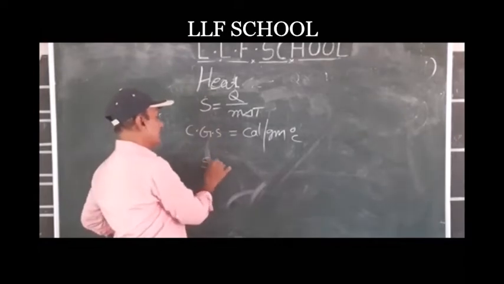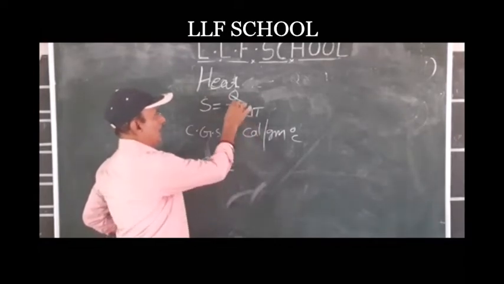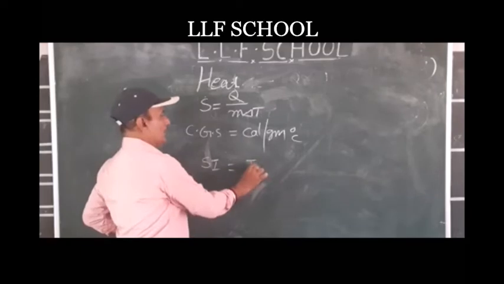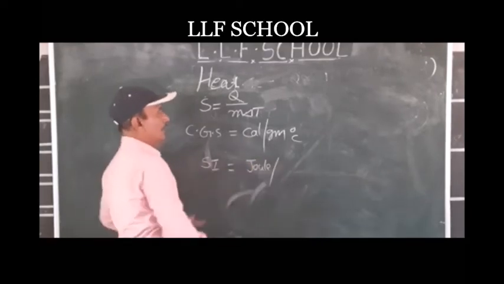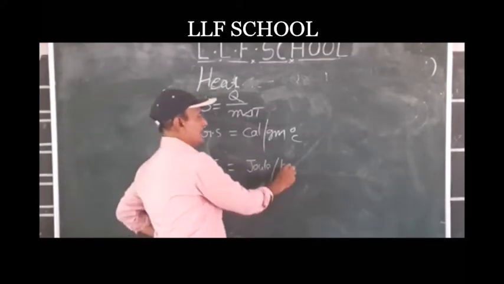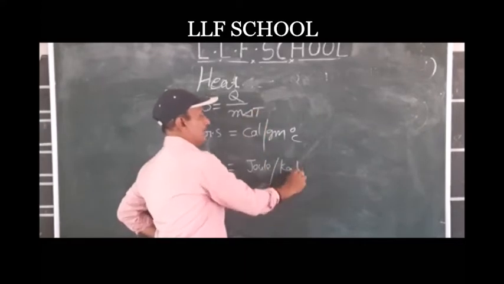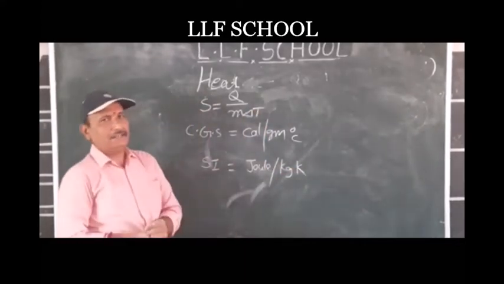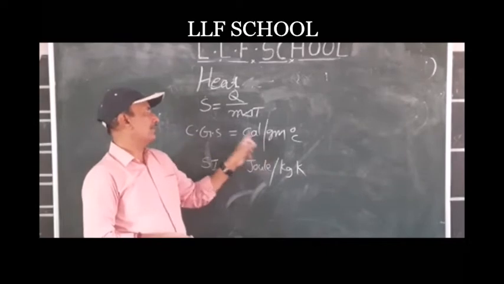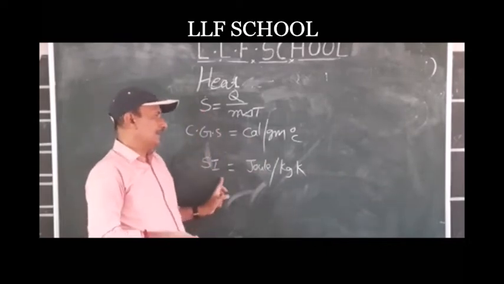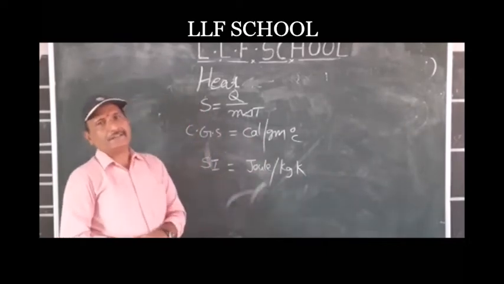In the SI system, Q is measured in joules, mass is measured in kilograms, temperature is in Kelvin. It is the SI unit of specific heat.